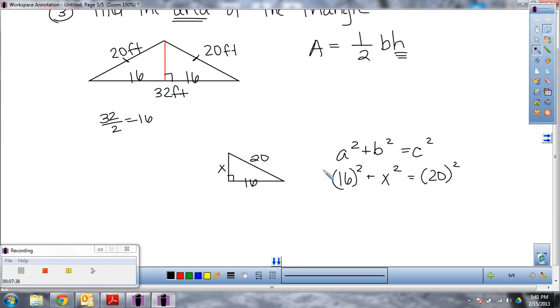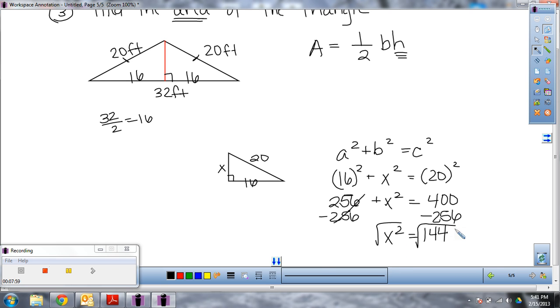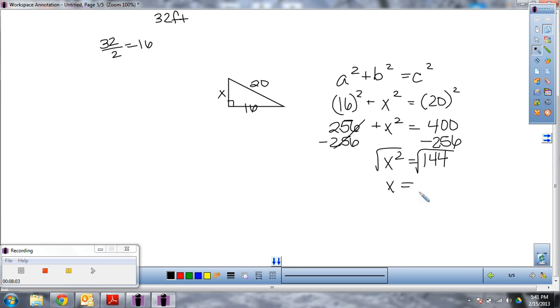When I simplify, I get 256 plus x squared equals 400. I subtract 256 to isolate the x squared term, which leaves me with x squared equals 144. To get x by itself, I take the square root, and that gives me x is equal to 12.